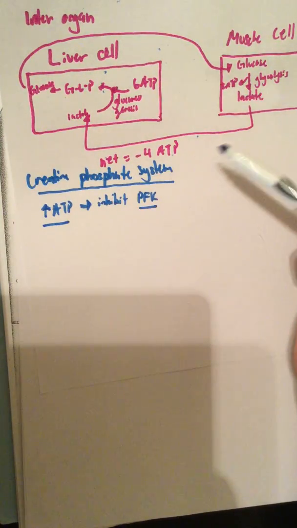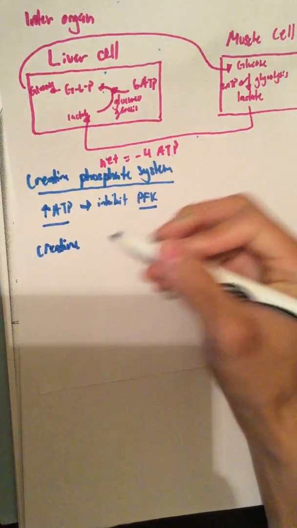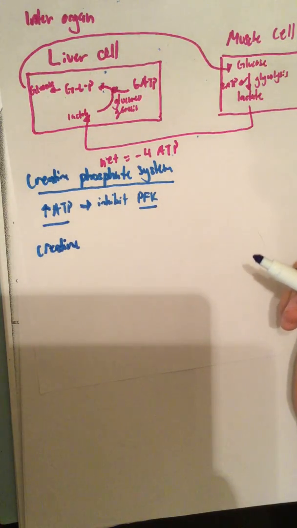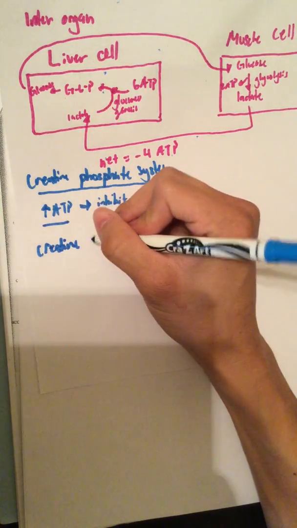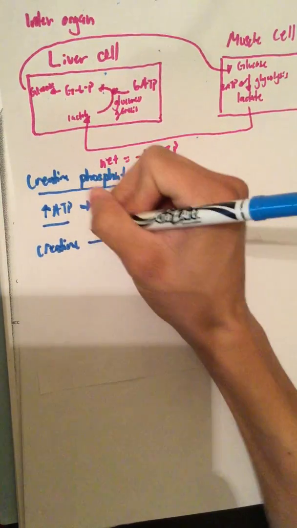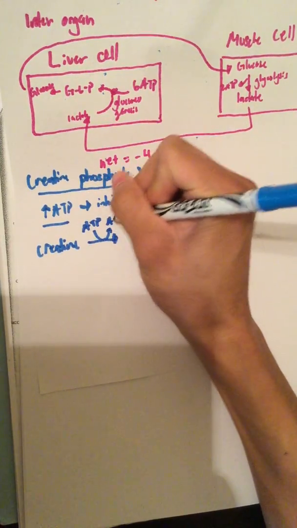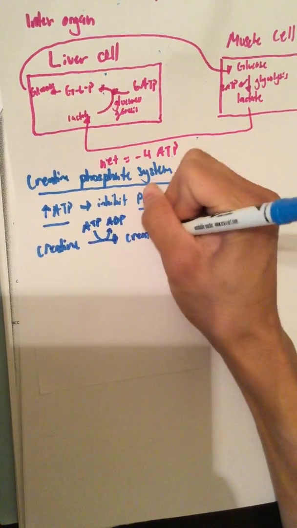And we do that using the creatine phosphate system. First, we'll start with creatine. It's good to note that creatine is composed of two amino acids, arginine and glycine. We get creatine and put in ATP, get out an ADP, and we get creatine phosphate.